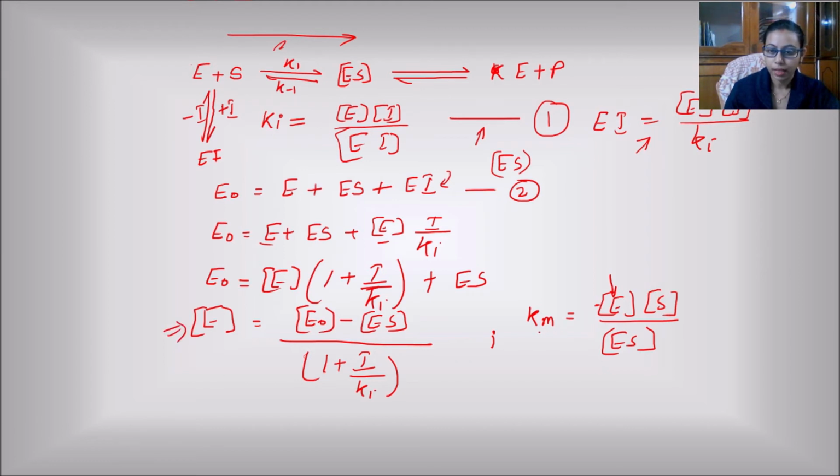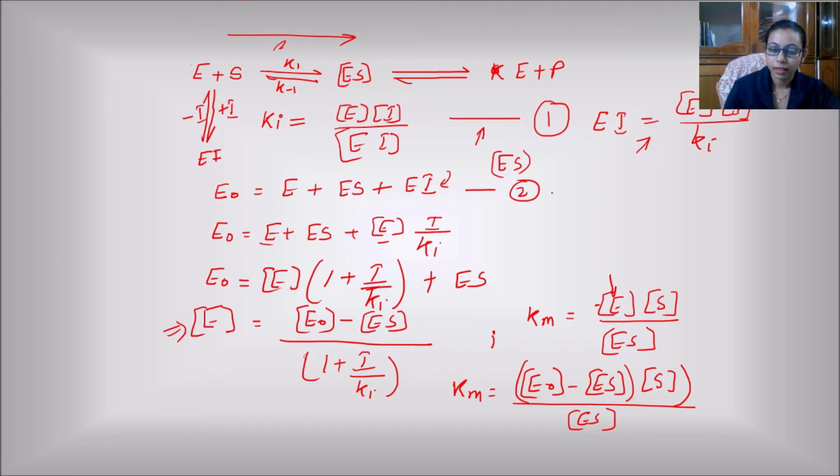So let us replace E in Km with this value. What we will have is Km equals E naught minus ES, whole multiplied by substrate S, by ES.